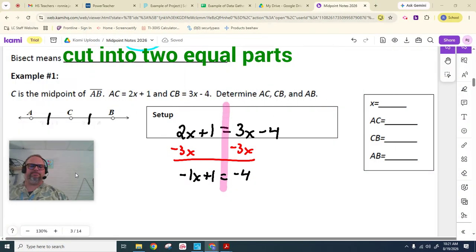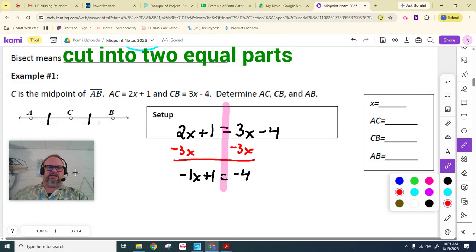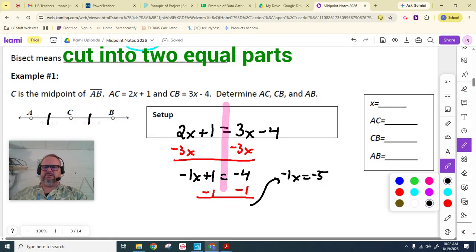Okay, so we have this. Now we subtract 1. Negative 1x equals negative 5. All right, so x is positive 5. Awesome.